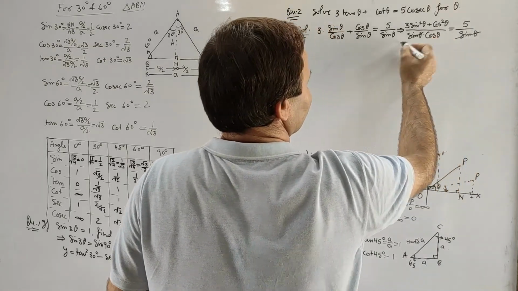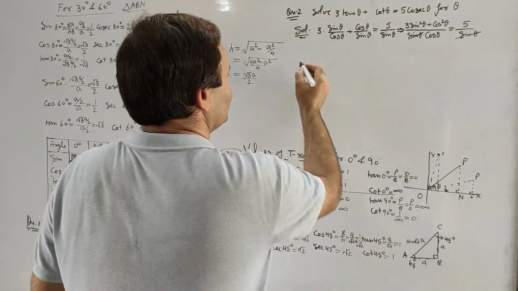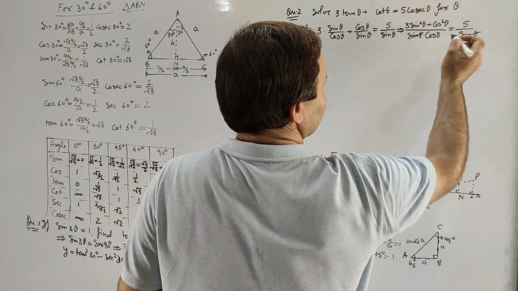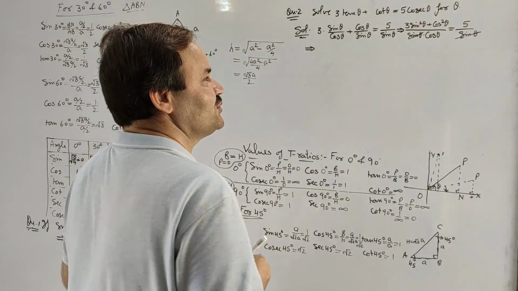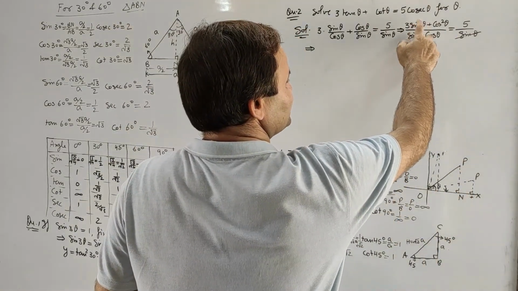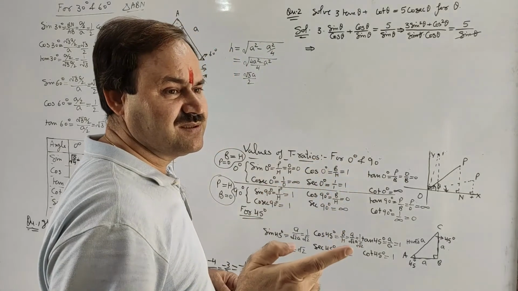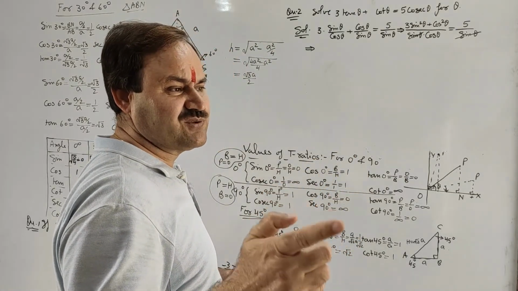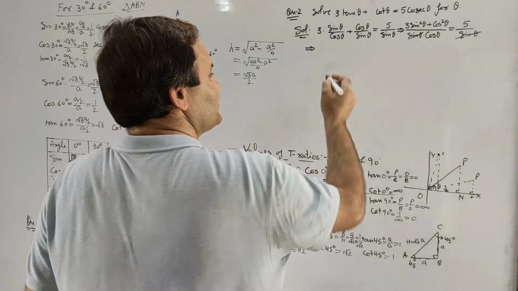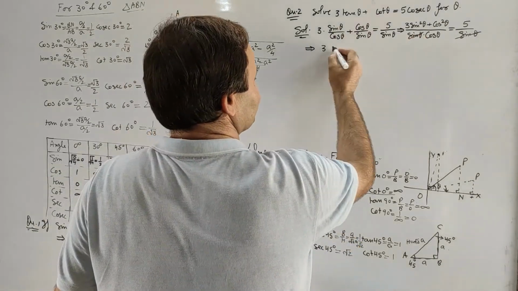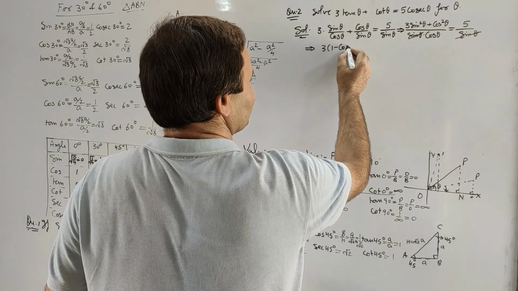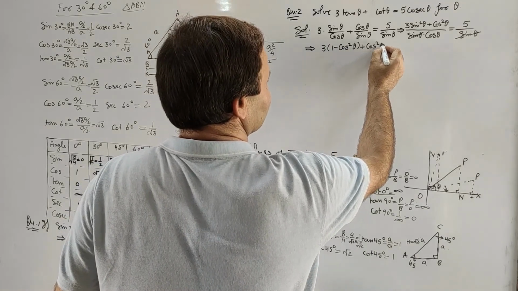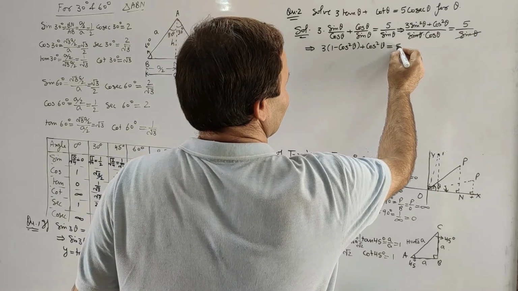These sin thetas will get cancelled, so we will be left with cos theta as linear. So it will be better to change this sin square theta into cos square theta by using sin square theta plus cos square theta equal to 1. So 3 sin square theta will become 1 minus cos square theta, plus cos square theta, equal to 5 cos theta.